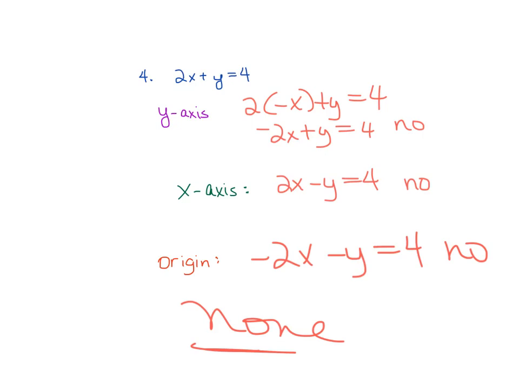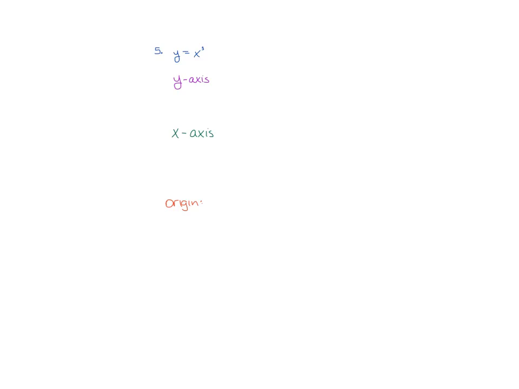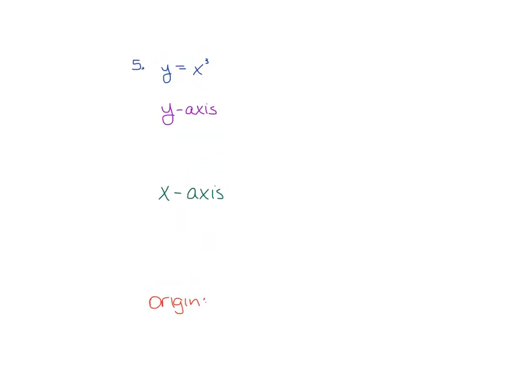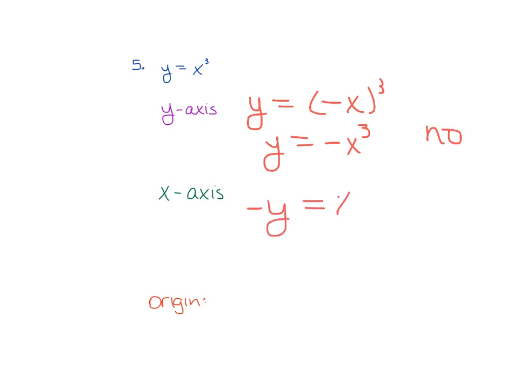And one last example. So for here, y equals, make the x negative. Remember when you cube something, it's going to be negative, so this one's no. Here we make the y negative. Divide by negative 1. y equals negative x to the 3rd.